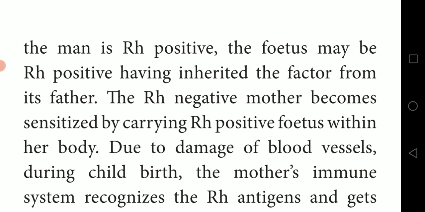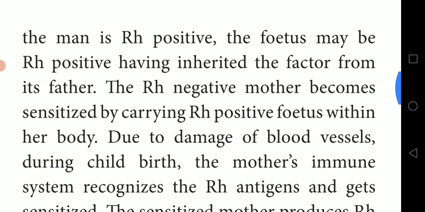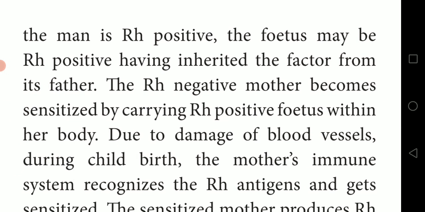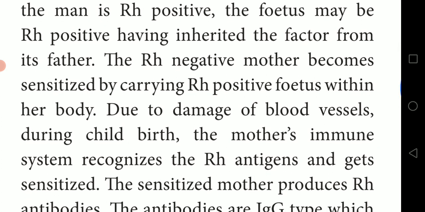The mother has Rh negative group, whereas the father has Rh positive, and the child which grows in the mother's womb, in the mother's uterus, has Rh positive, inherited from the father.